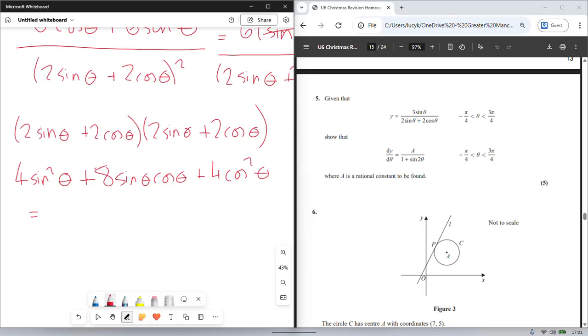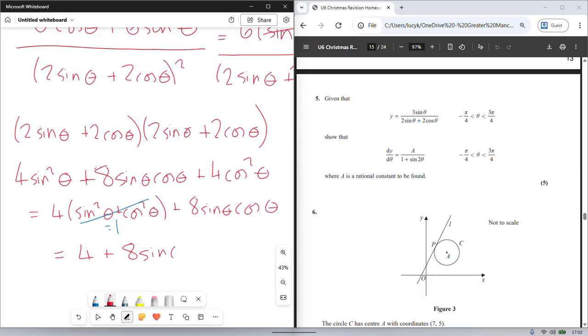So again, let's just tidy that up. So I end up with 4 sine squared theta plus cos squared theta plus 8 sine theta cos theta. And again, hopefully I'm recognising that that thing is just 1. So get rid of that. So I end up now with the denominator being this.